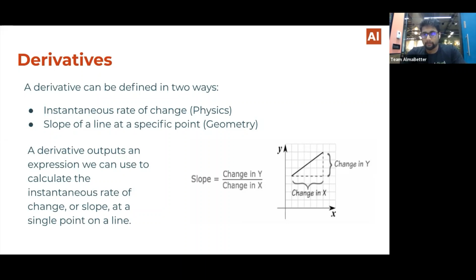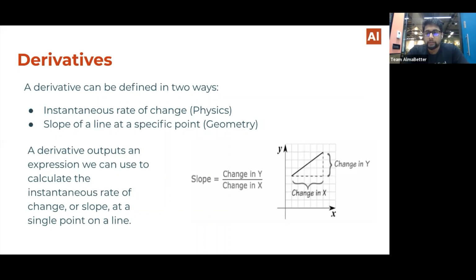But let's say at some point in between A and B, if I pick one particular instance of time, or one particular distance as measured from point A, and ask what the speed is at that point, it's very unlikely that the speed will be uniform throughout the distance.